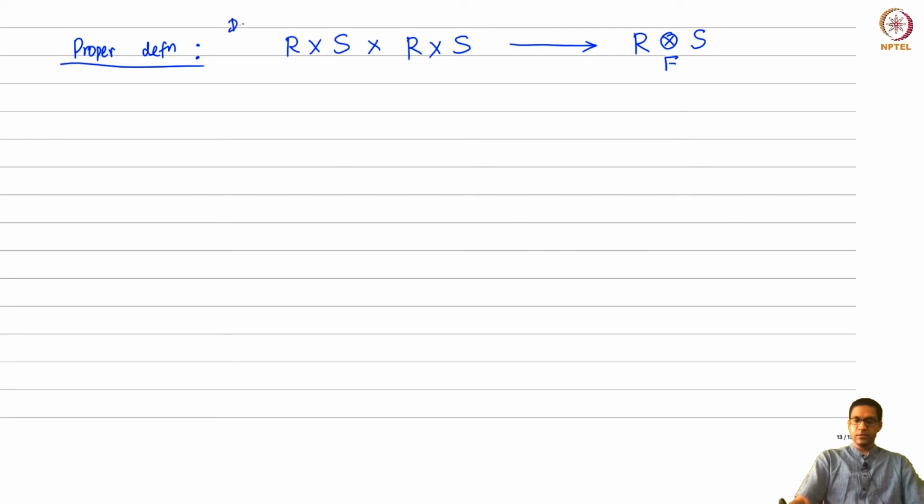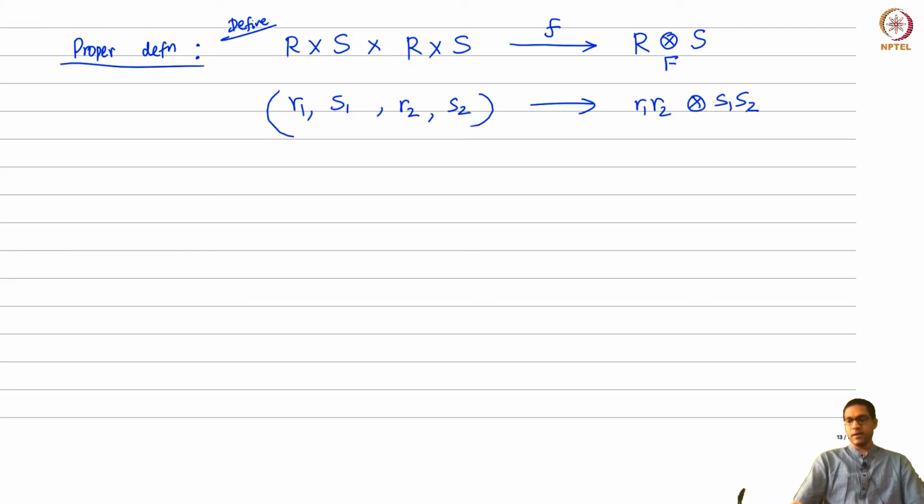Let's define a map F as follows. What does F do? Well, it takes a tuple R1, S1, R2, S2 and maps it to R1 R2 tensor S1 S2. So I can always construct this map.